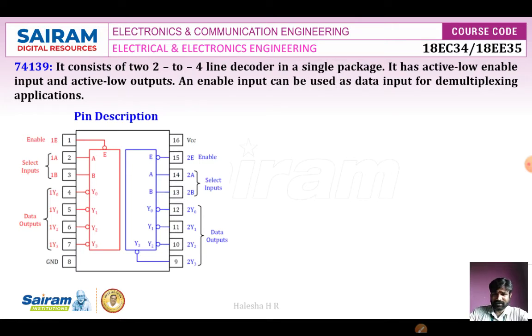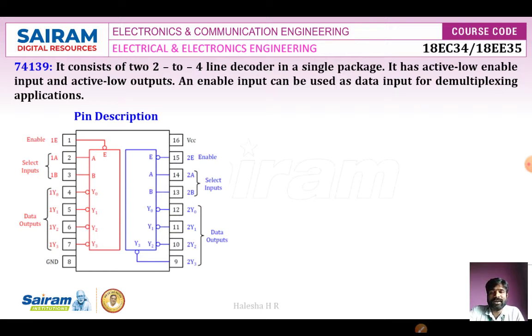On the left side it shows two select inputs, 1A and 1B, the select inputs for the first decoder, and 1Y0, 1Y1, 1Y2 and 1Y3 are the data outputs, and 1E is the enable.